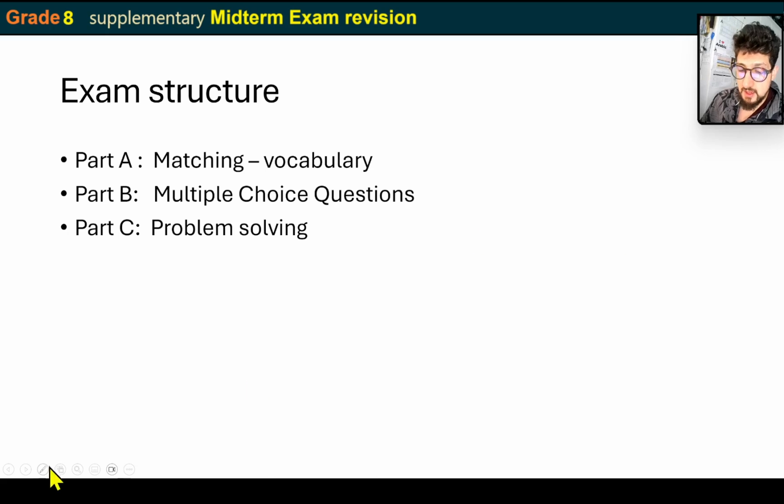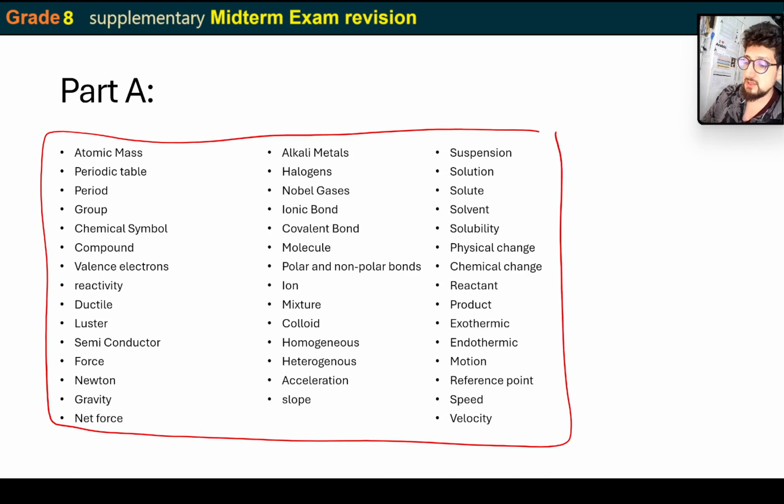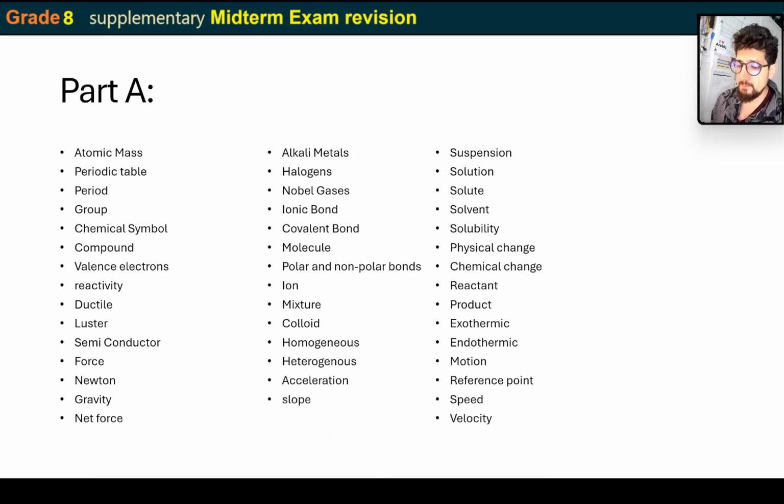Okay, and so for example, for part A, you'll need to be familiar with these words, as well as any other words in the book and the notes that your teachers told you about. But for sure this is the minimum that you need to be familiar with, and this comes straight from the book. They're basically the highlighted words at the beginning of the chapter.